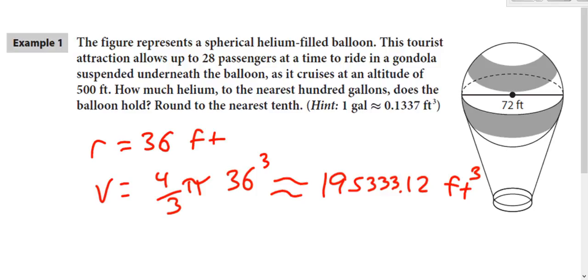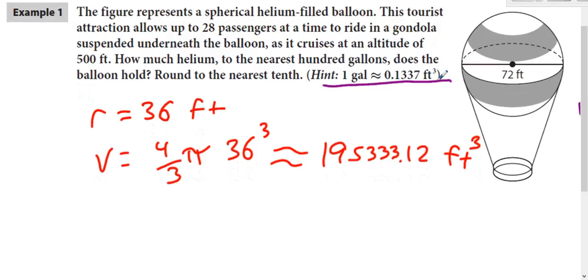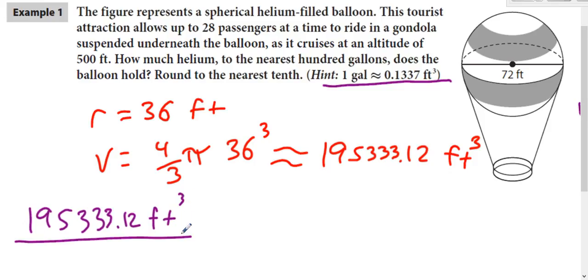But it doesn't ask how many cubic feet, it says how much helium does it hold. Round to the nearest tenth. 1 gallon is 0.1337 cubic feet. So that's our conversion factor. Right now we have cubic feet in the numerator, so in order to cancel that out, we need cubic feet in the denominator.